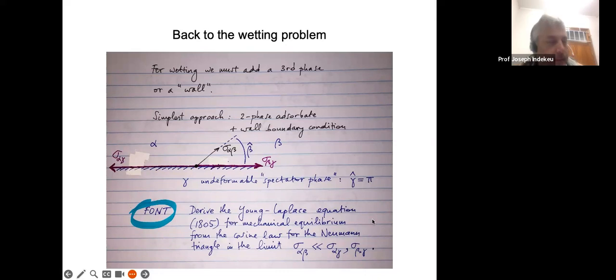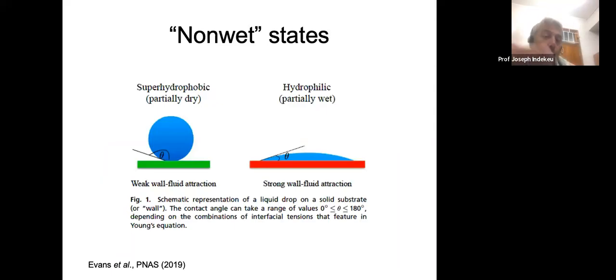So in that limit, if we use the Neumann triangle, we can derive the mechanical equilibrium equation that would correspond to this situation here where the gamma phase is undeformable, okay? So let's see how that goes, because if we succeed in doing that, and we consider this limiting situation, we can set up a mean field theory for wetting, which is still sufficiently simple for us to do this in these lectures, okay?